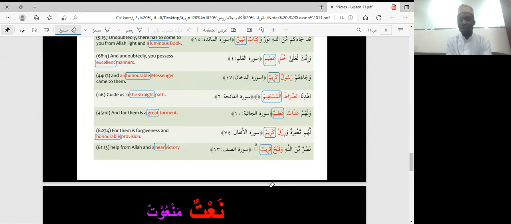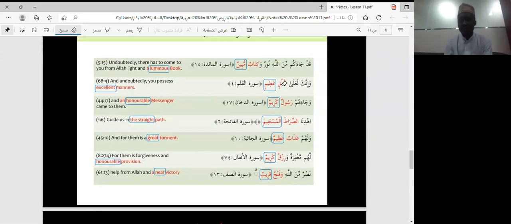We have khuluq as manners, and azim is what? Is excellent. We have azim as na'at. Khuluq is what? Is man'ut. You should notice that khuluqin here has tanwin bil kasri, that is kasratan. So azimin, which is na'at, must also follow it in that case.